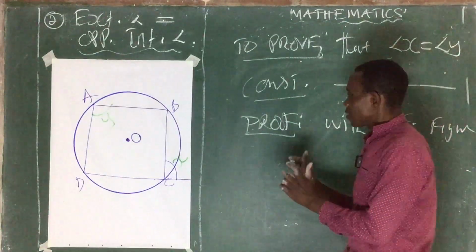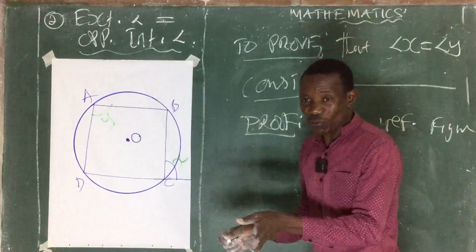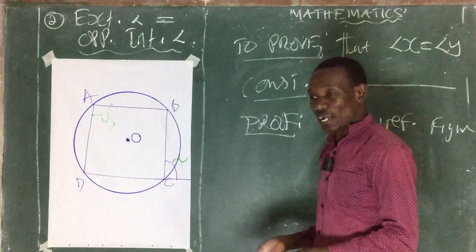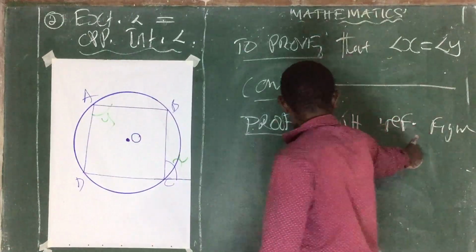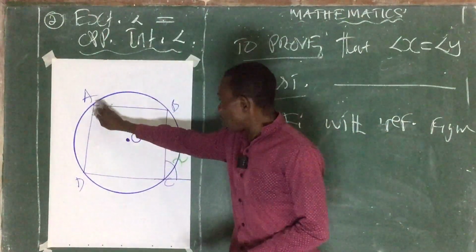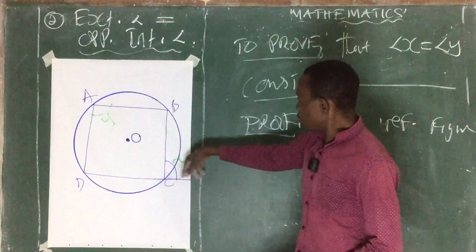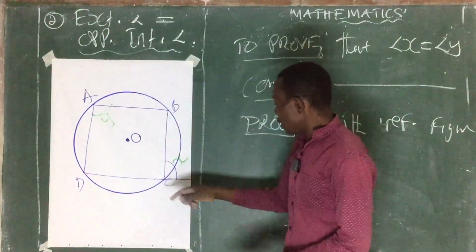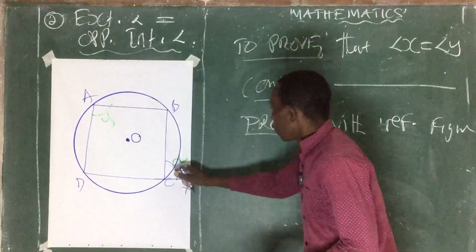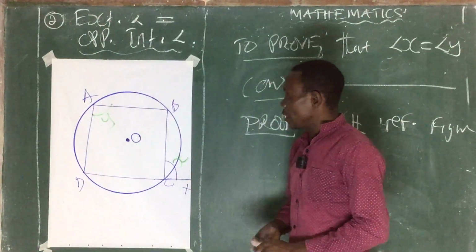You can follow the step we had in the first discussion, when we were proving that opposite angles are supplementary. With reference to the figure, meaning this one here, we want to prove angle Y is equal to angle X.